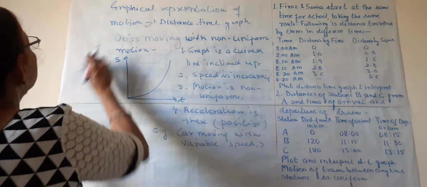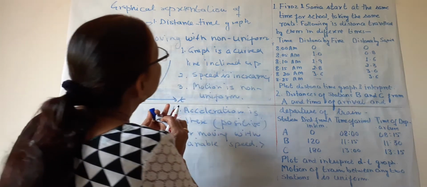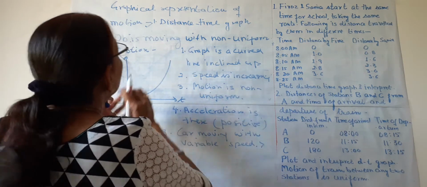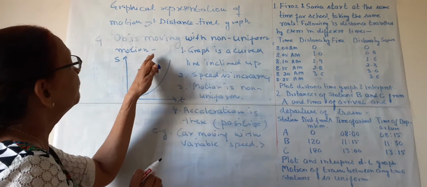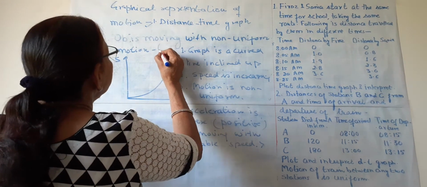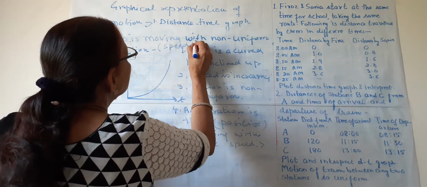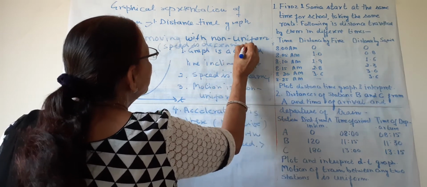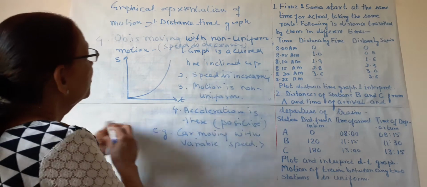Now the fourth one. The object is moving with non-uniform motion again, but what is the difference here? Speed is decreasing. So we have two distance-time graphs for non-uniform motion.